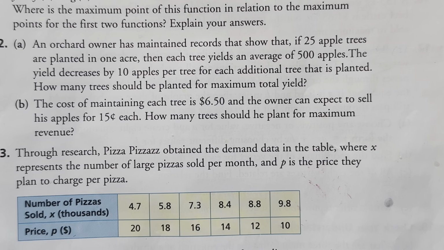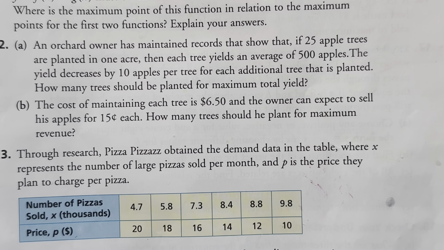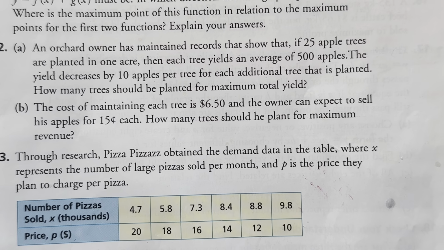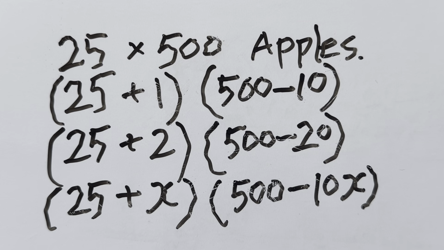Let's do that. So let's find the profit function and we maximize it. The profit is income minus cost. What is the income? This is the total number of apples.